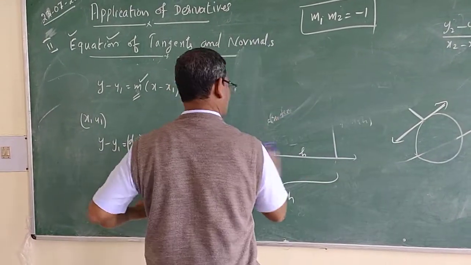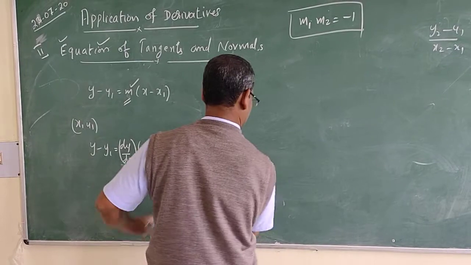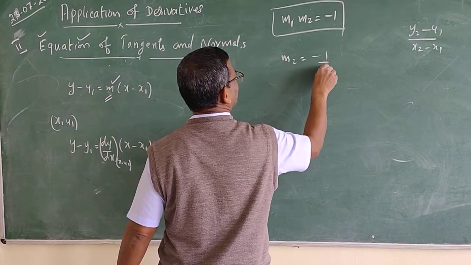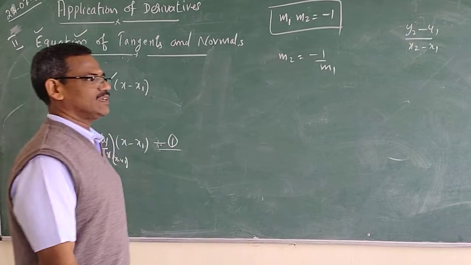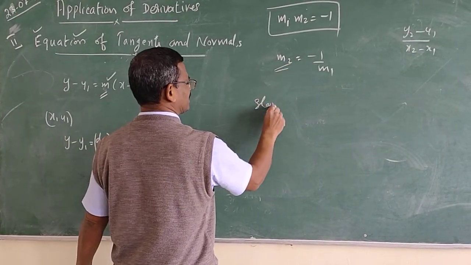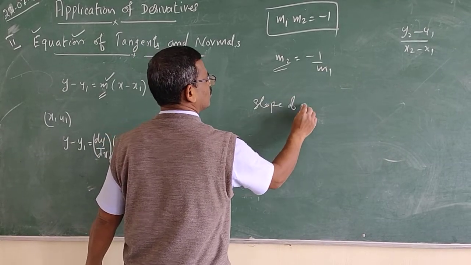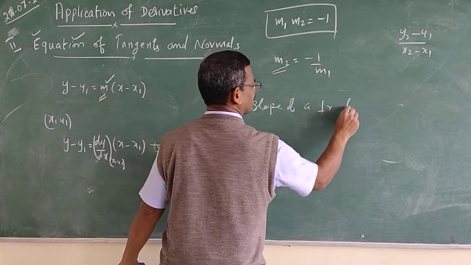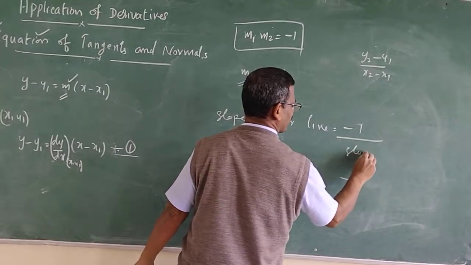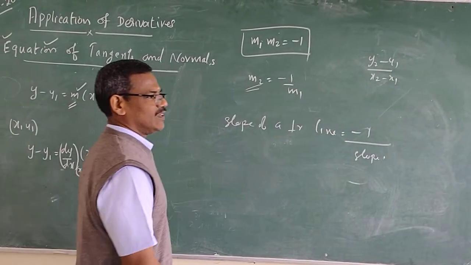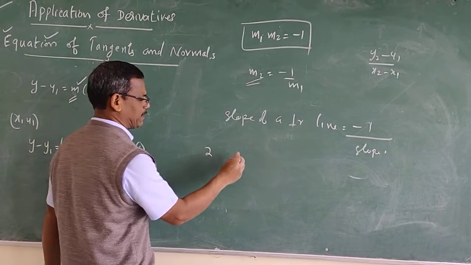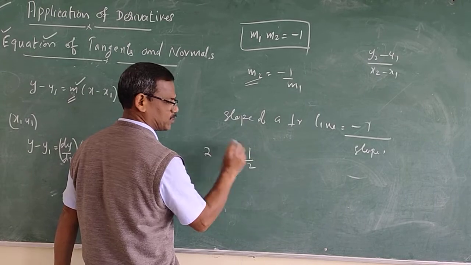So from there, what you get is m2 is equal to minus 1 by m1. So the slope of a perpendicular line is equal to minus 1 by the slope of the other line. If 2 is the slope of a line, then its perpendicular line slope will be minus 1 by 2.